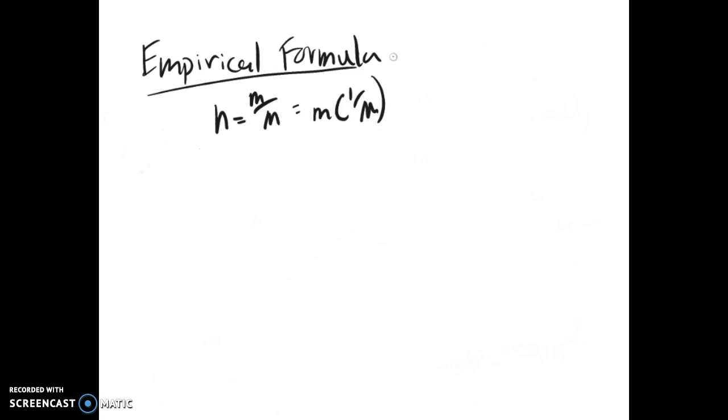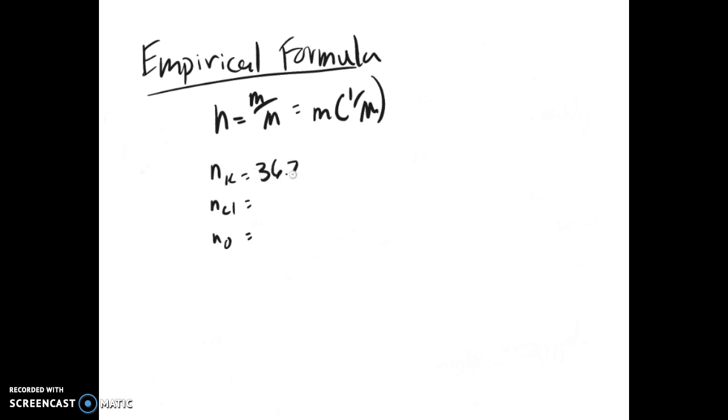Let's say we have a substance that is composed of 36.7 grams of potassium, 33.27 grams of chlorine, and 30.03 grams of oxygen. We need to find moles of potassium, moles of chlorine, and moles of oxygen in this mystery compound.